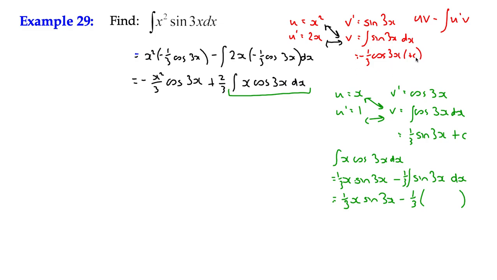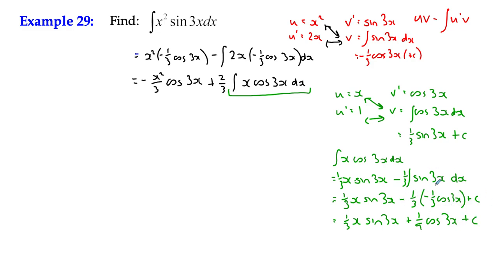We've got the answer up there, haven't we? Negative a third cos 3x plus c. And if I multiply that out, I get 1/3 x sine 3x plus 1/9 cos 3x plus c. Again, it doesn't matter.